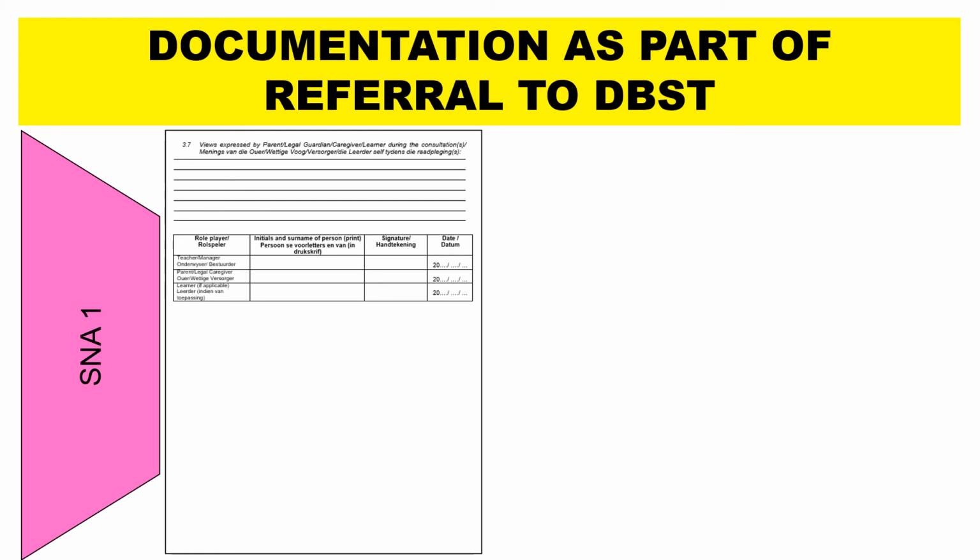I would like to refer your child to the district-based support team. Here's the back page of a SNA1. Would you kindly sign it? Most parents do not have a problem in doing so. The correct process, however, would be to have a conversation one-on-one, face-to-face with the parent, and then explain the whole situation to the parent and ask the parent to sign the document.